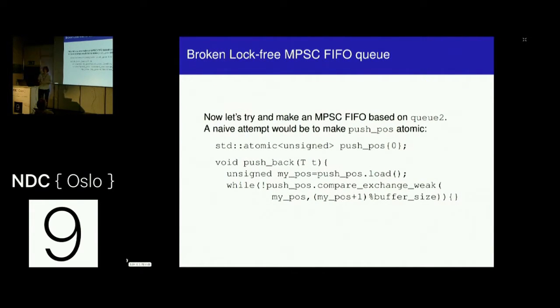If we were going to try and extend that to have multiple producers, multiple threads being allowed to push onto your queue at any one time, then things get a bit more tricky. You might think that you could just make it an atomic on your push position, and so we load the value, and then we try and do an atomic increment, but we couldn't just use fetch add because we need to deal with the wrap round, so we do a compare exchange weak loop.